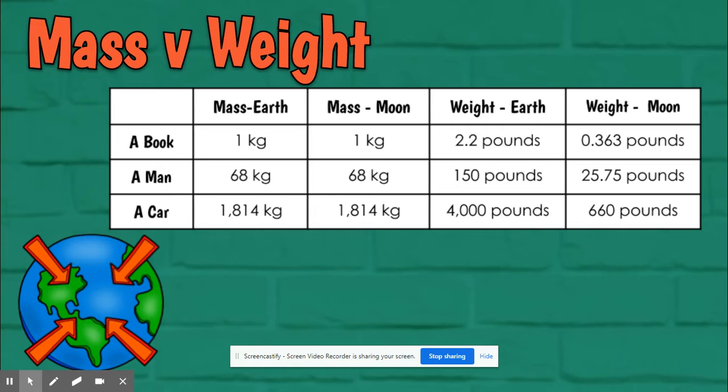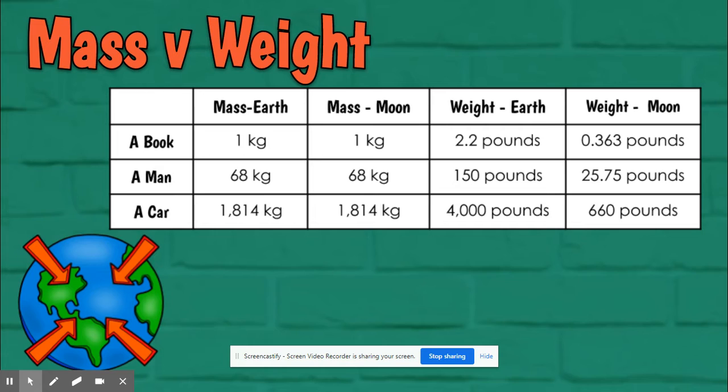Next we're going to talk about mass versus weight. These are 2 different things. Mass is just the amount of matter that thing has, but weight incorporates gravity. So weight is gravity combined with mass. Weight can change if you're on the Earth or the moon or another planet.